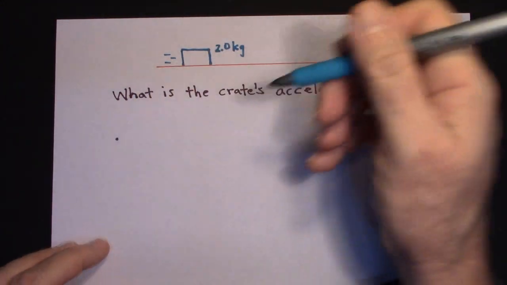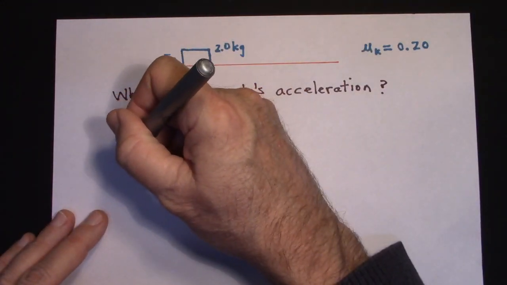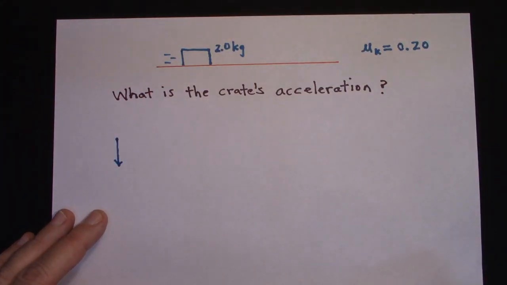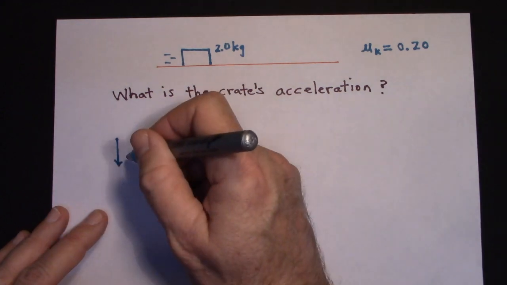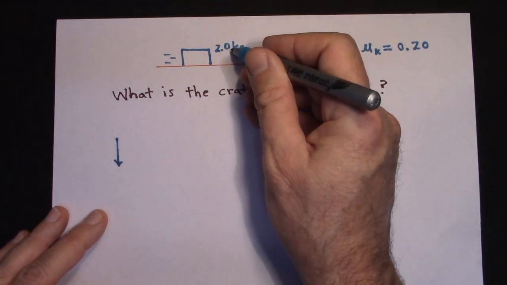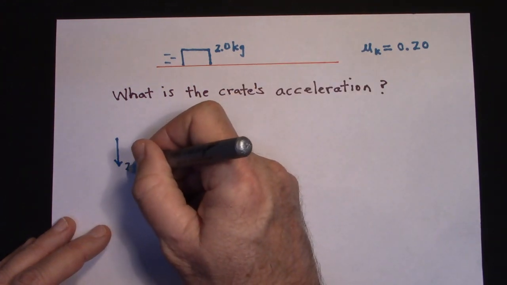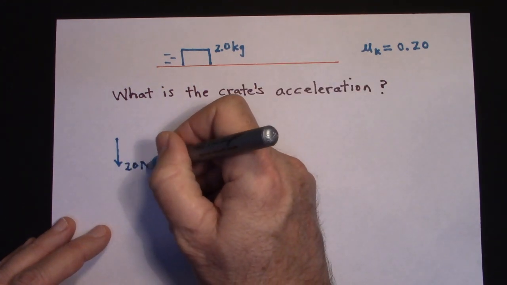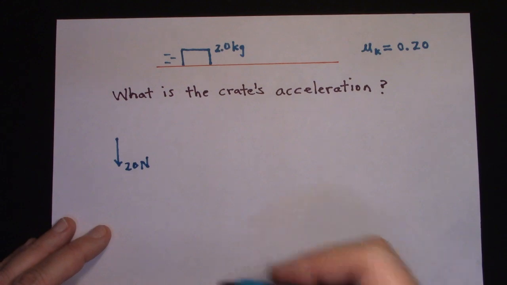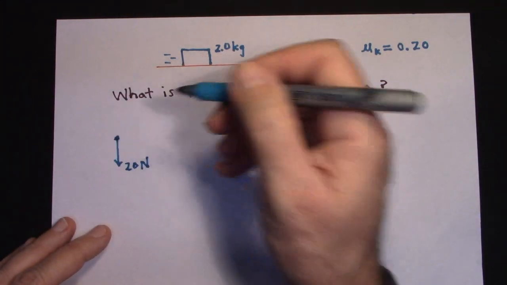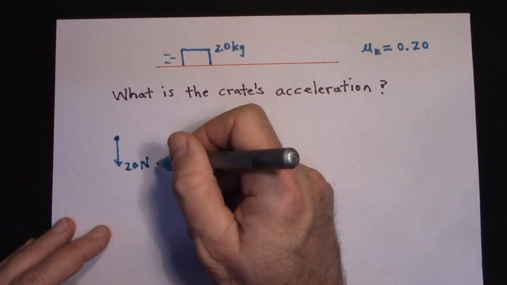There's a force down. Now I'm using g as 10 meters per second squared. I know it's closer to 9.8 meters per second squared, but I'm just going to say that m times g, 2 times 9.8 meters per second squared, is about 20 newtons. That's the mg, the force of gravity.